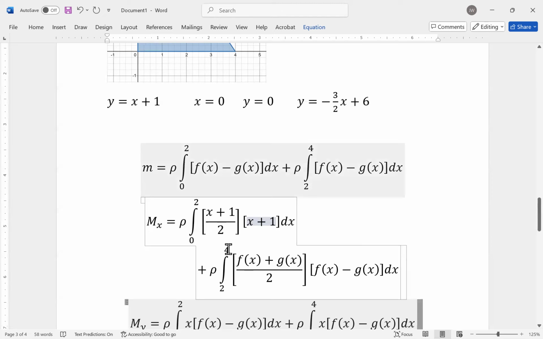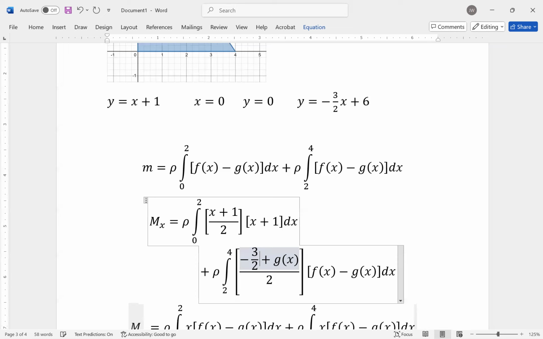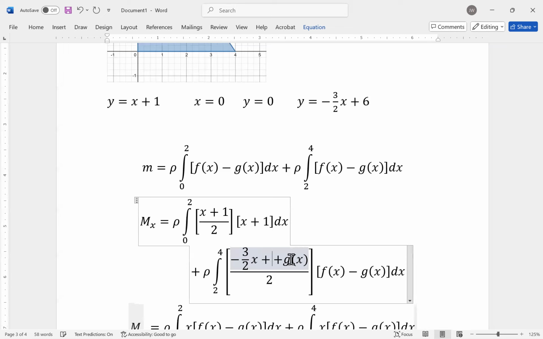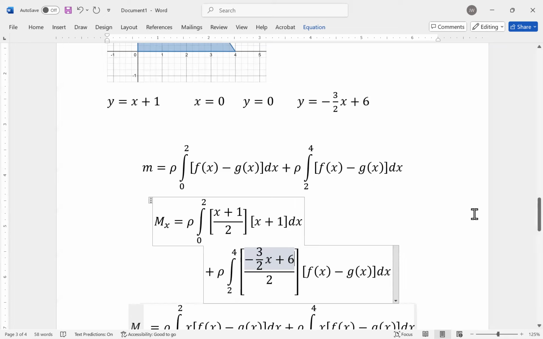From 2 to 4, the f is negative 3 halves x plus 6. The g is 0. So we get f as negative 3 halves x plus 6, and g is 0. Let's eliminate it.